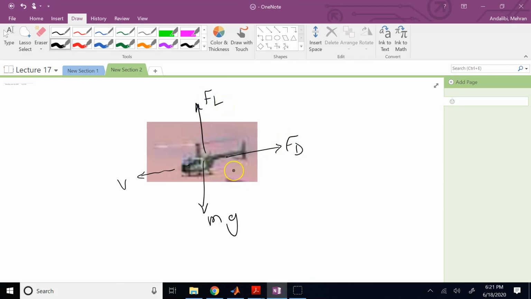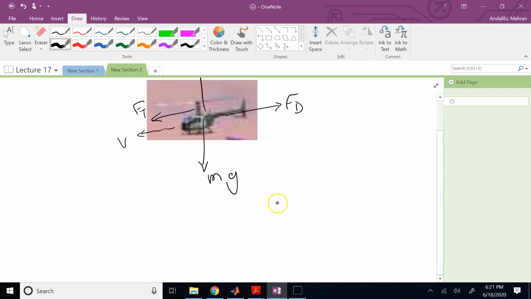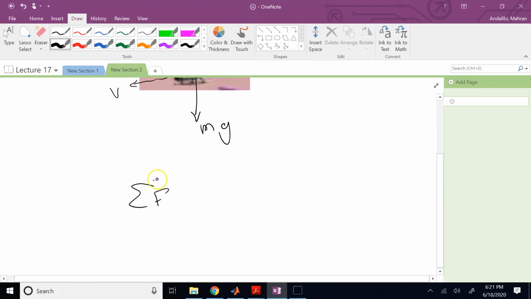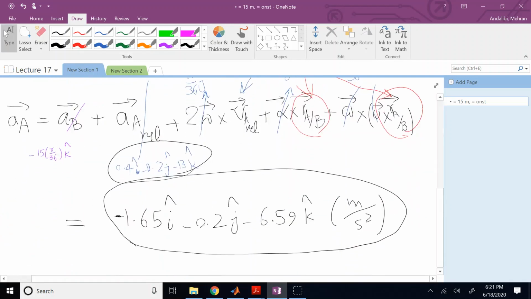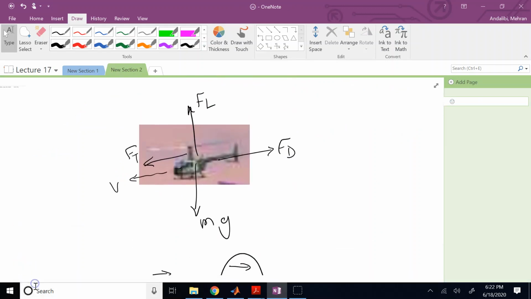And then you have a thrust, correct? So when you say sum of the forces on this helicopter is equal to mass of the helicopter times acceleration of the helicopter, which acceleration goes here out of these two? Yes, you are right. This one, that is with respect to the inertial. This one should go over there for kinetics analysis, not the one that radar does measure, okay? So just keep that in mind.